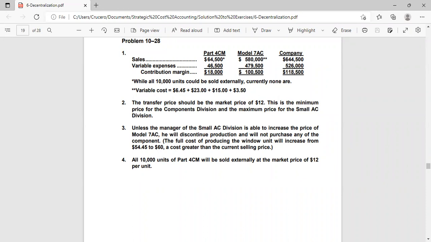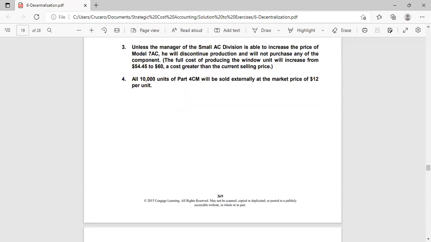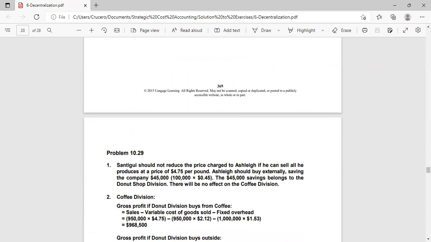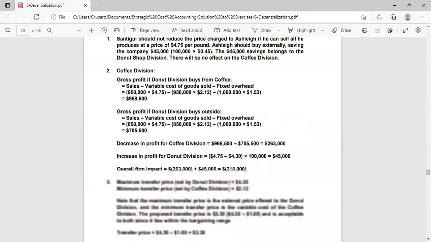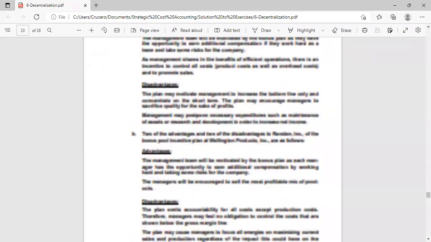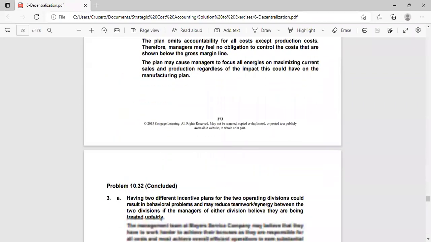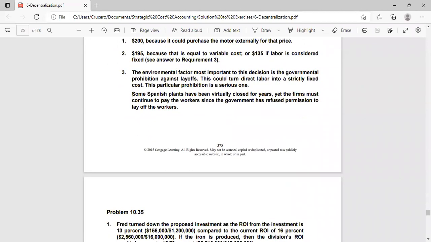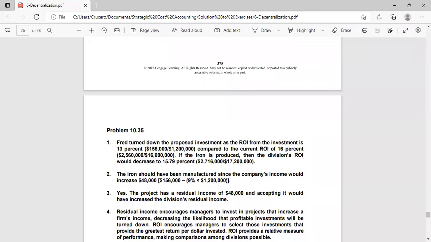And the last problem I gave you is number 35. So let's take up the last problem before we dismiss. Now number 35, we have a case on ROI and residual income, a case on ROI for ethical considerations.